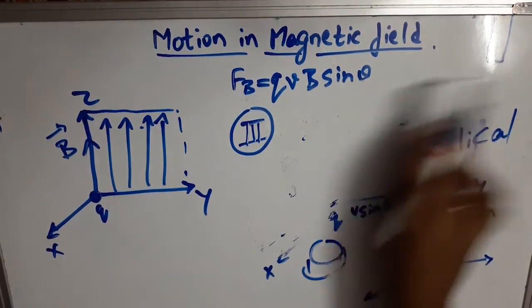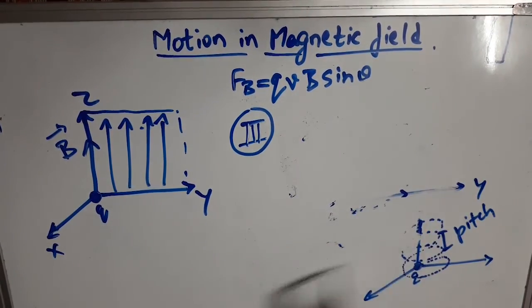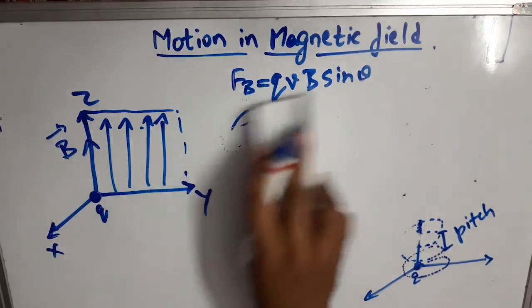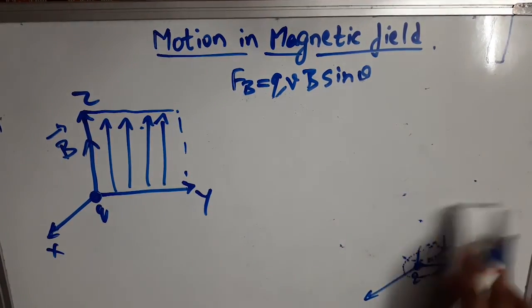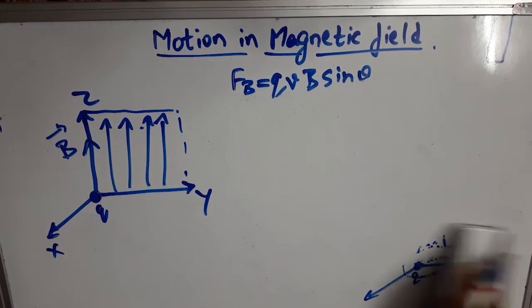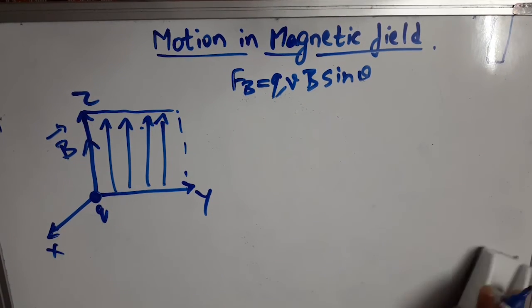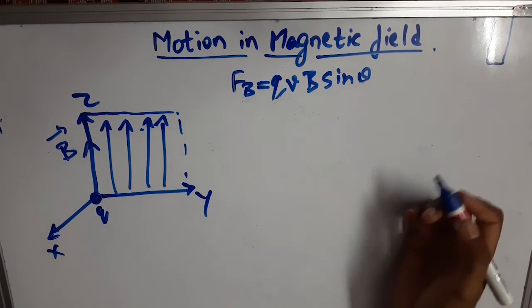I hope this is clear. So in the third case, we projected the particle at an arbitrary angle theta, and we found out that it describes a helical motion.